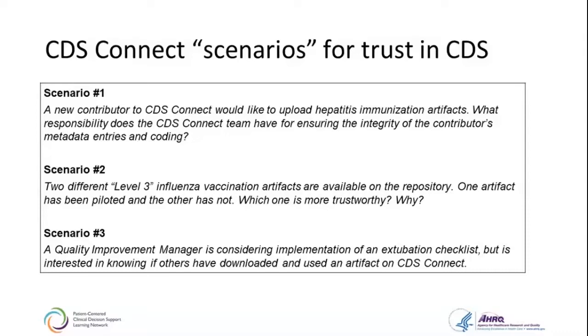In another, a quality improvement manager wants to implement a checklist, but wants to know what others have downloaded and what their experiences have been. We thought these were interesting scenarios, and we used them as a framing device to help us work as a group of volunteers and structure the conversations.